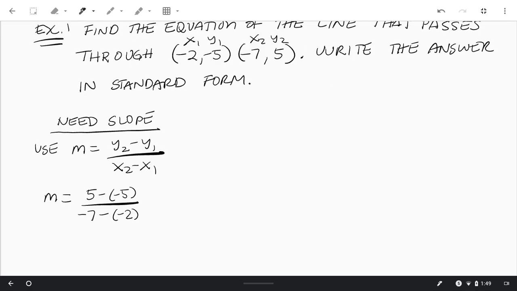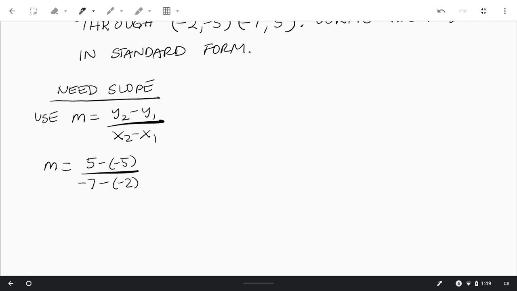All right. So we have those double negatives. The double negative here in the numerator becomes plus, and same thing down here. So that becomes 5 plus 5, which is 10.